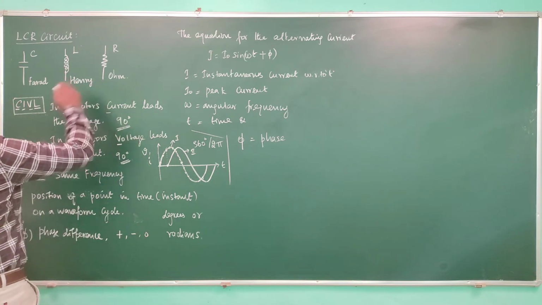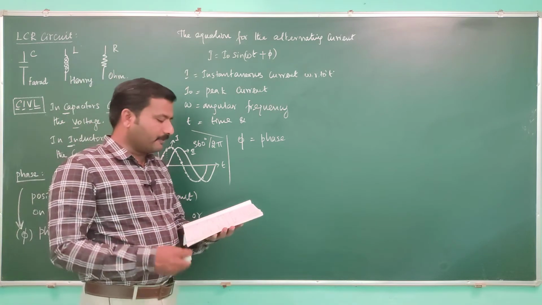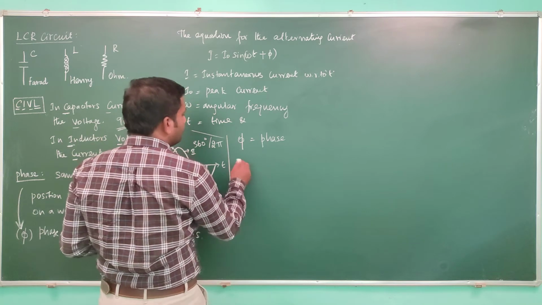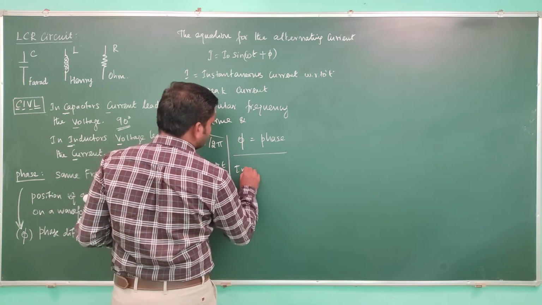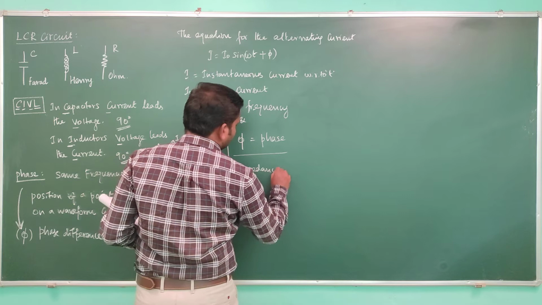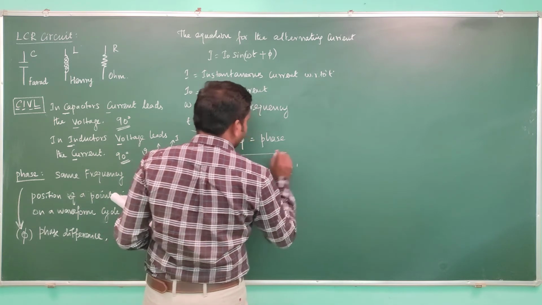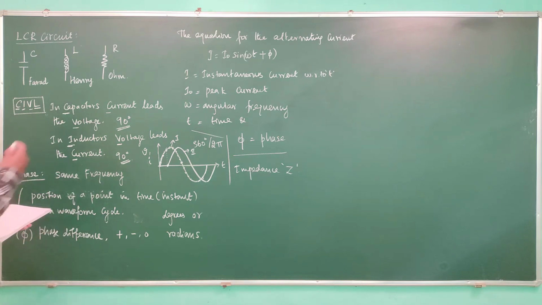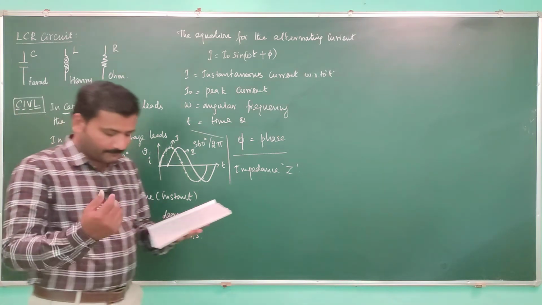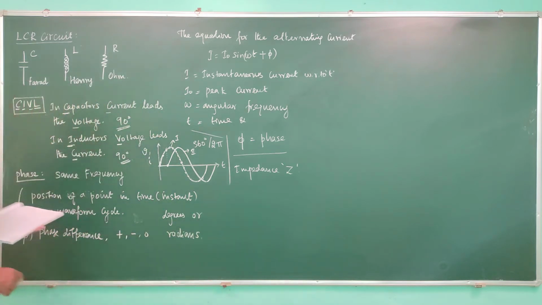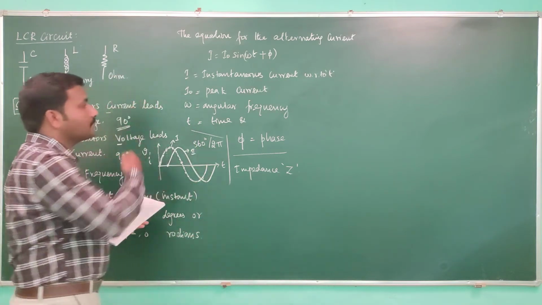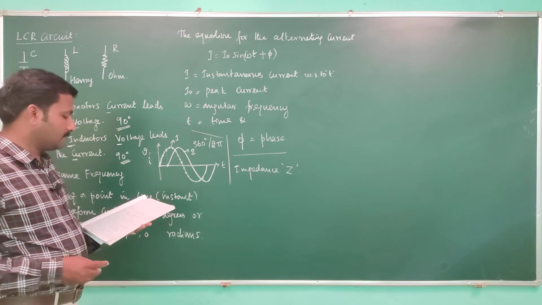So resistance is coming out from the resistor, whereas the effective resistance is denoted by impedance Z. It is the effective resistance to an alternating current offered by this composition of circuits.